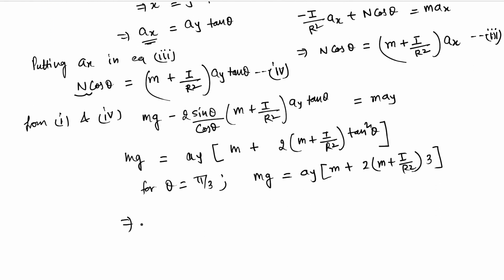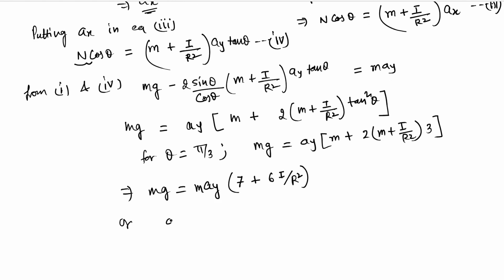So therefore, we get mg as ay, we can take m outside. This is 7 plus 6 I by r square, or ay is g by 7 plus 6 I by r square.